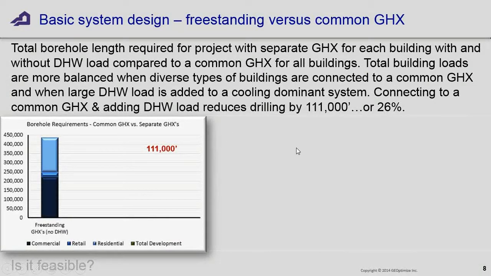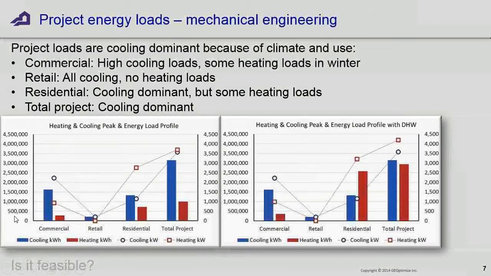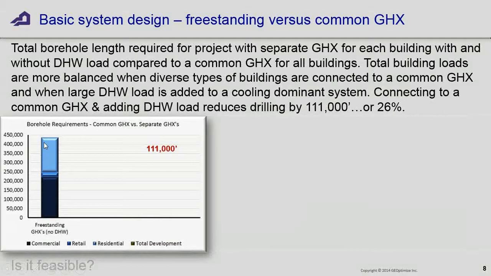Looking at the total borehole length required for the different options, looking at just the freestanding ground heat exchangers, you're looking at individual ground heat exchangers for each of these separate components. It worked out about 440,000 feet of drilling.